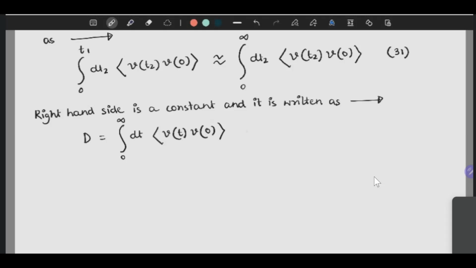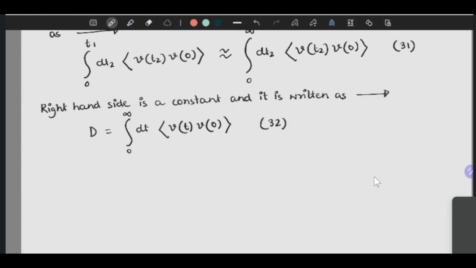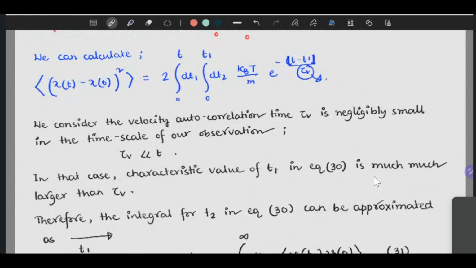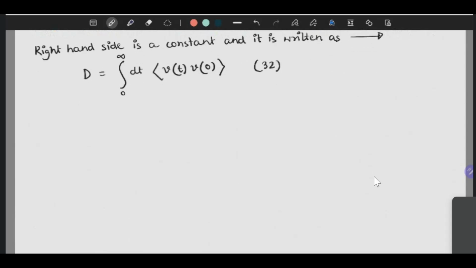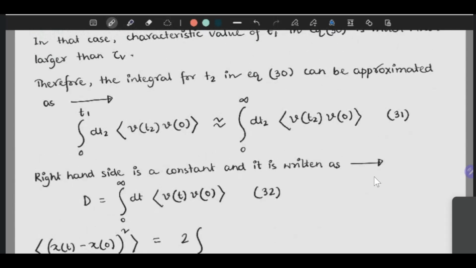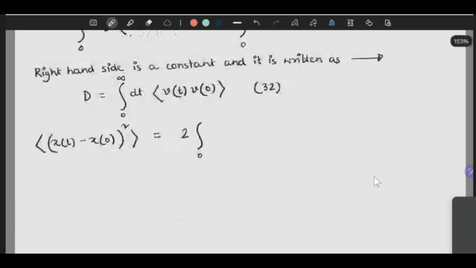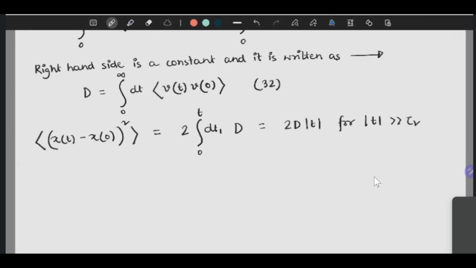Okay. Now from the above two equations 31 and 30, we can write that the only thing that remains is xt minus x0 whole square equal to 2 times the integral from 0 to t dt1, and this part is D, so it becomes 2D mod of t for t very much greater than tau v.